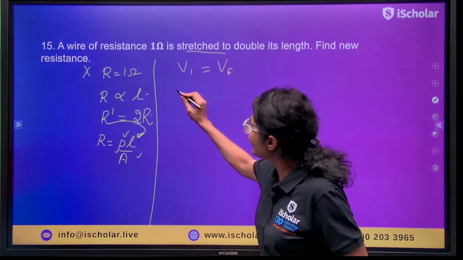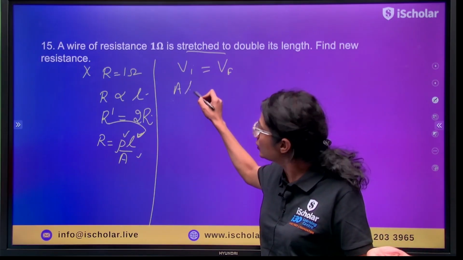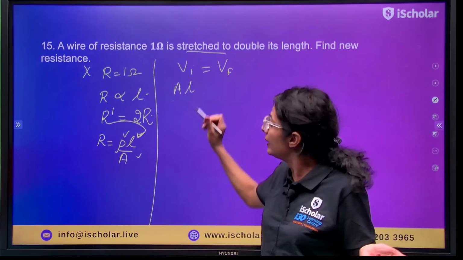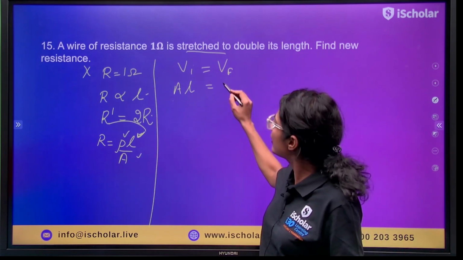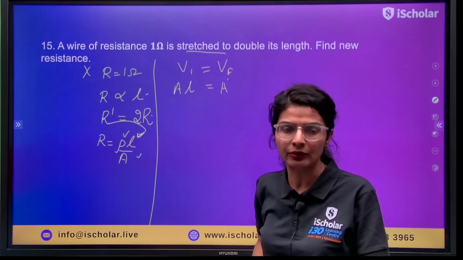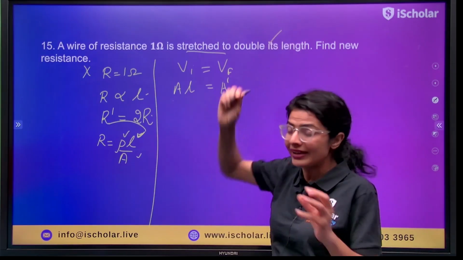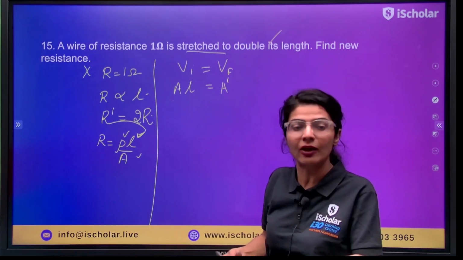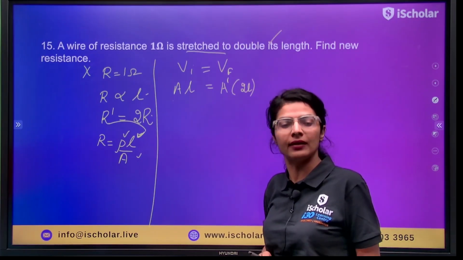Okay, so I'm writing the initial volume is the initial area of the wire into the initial length of the wire, is equal to, what is the final volume? You will say the final volume would be A dash, which we are trying to calculate, into the length. Since we have stretched it to make double its length, I'm writing the length would be twice of L, 2L.